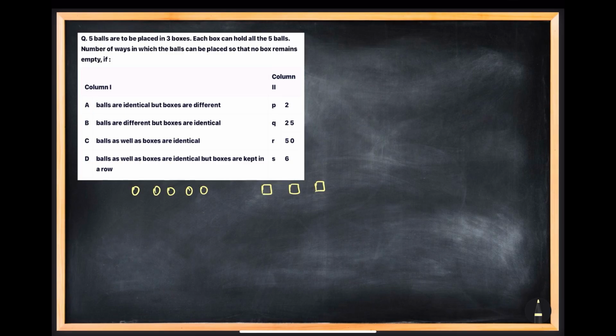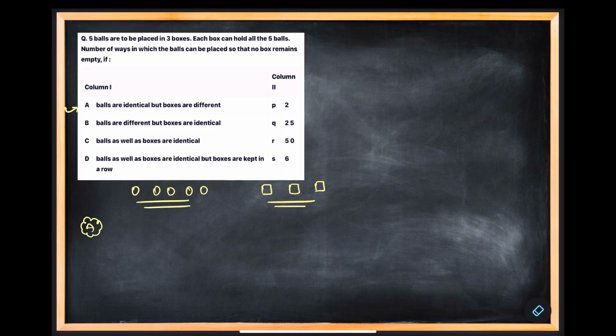Okay, now look at this. Focus on A. Balls are identical but boxes are different. So this is distribution of identical objects to different persons. You know how we used to do distribution of identical objects to different persons.